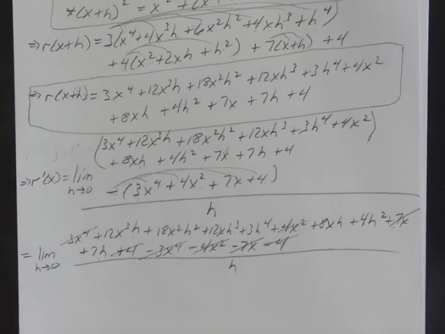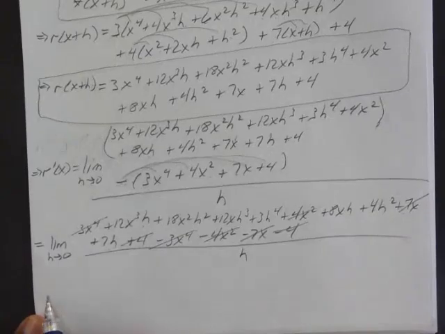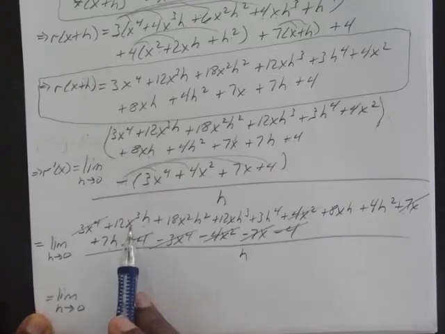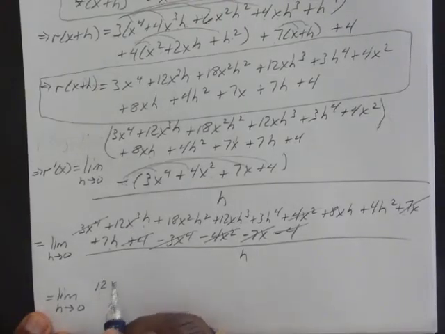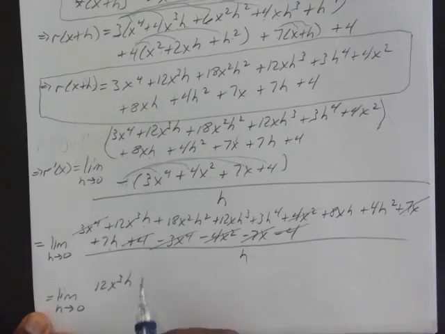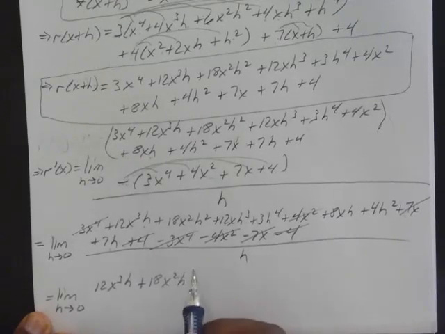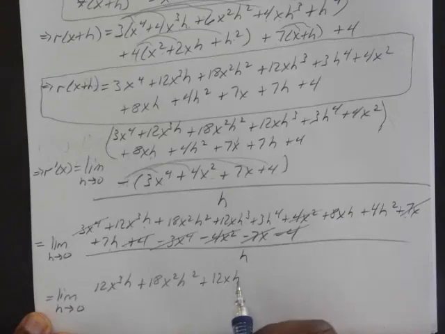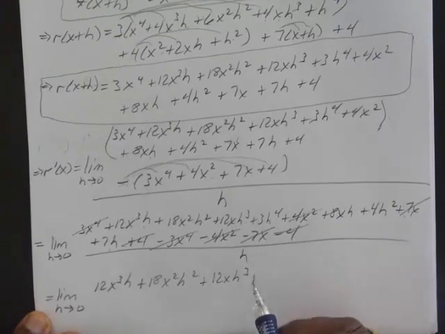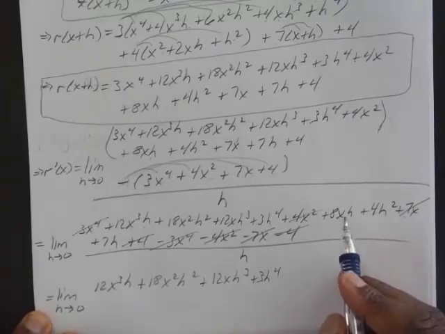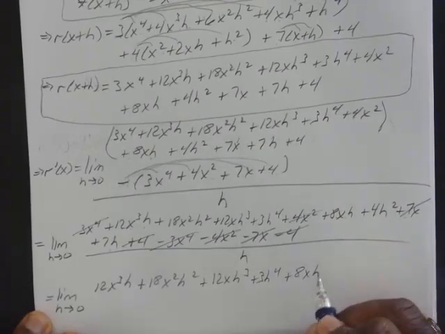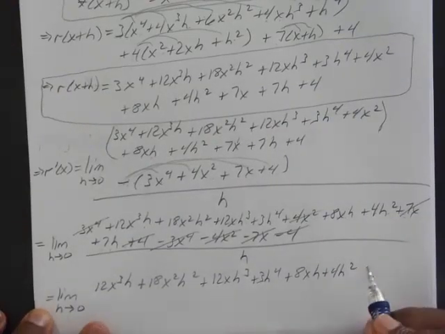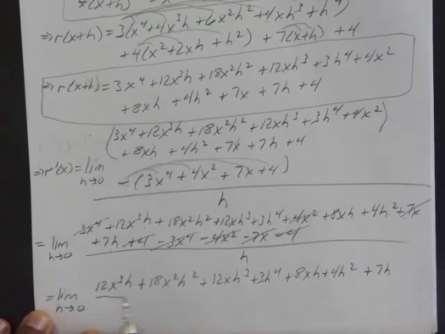Okay, so this will be a little bit shorter. So the limit as h approaches 0 of 12x to the third h. We might even be able to fit it all on one line. Plus 18x squared h squared plus 12x h to the third plus 3h to the fourth plus 8xh plus 4h squared plus 7h, divided by h.